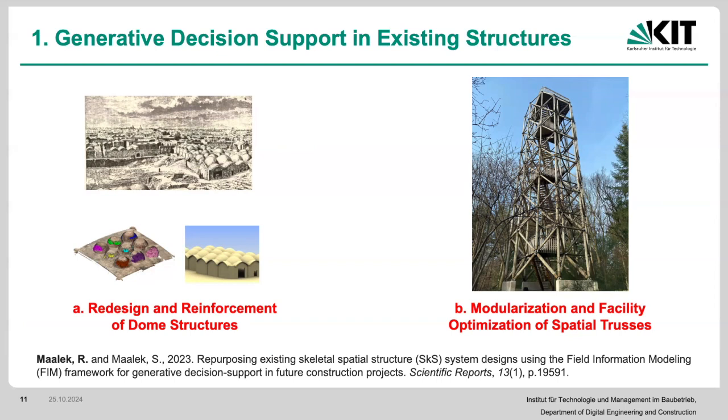And then the other one is the modularization of a spatial frame or spatial truss in this case, and how we can reuse this if we want to rebuild it in different locations. What can we do?